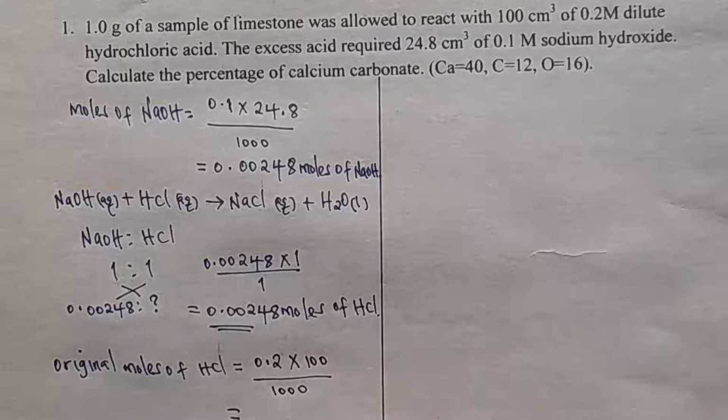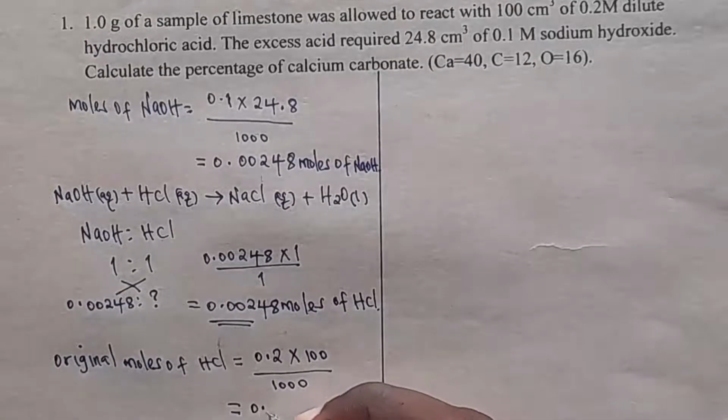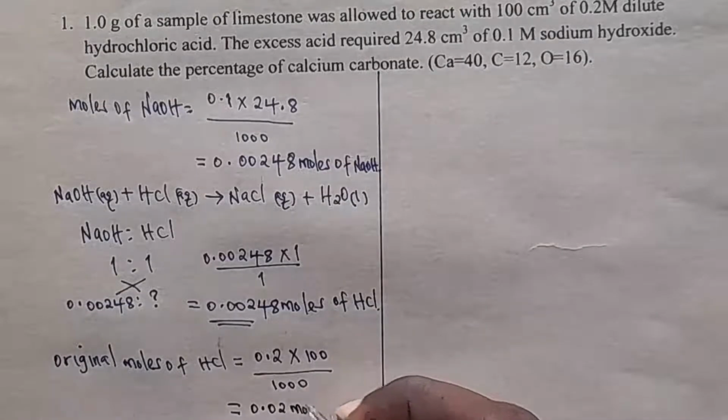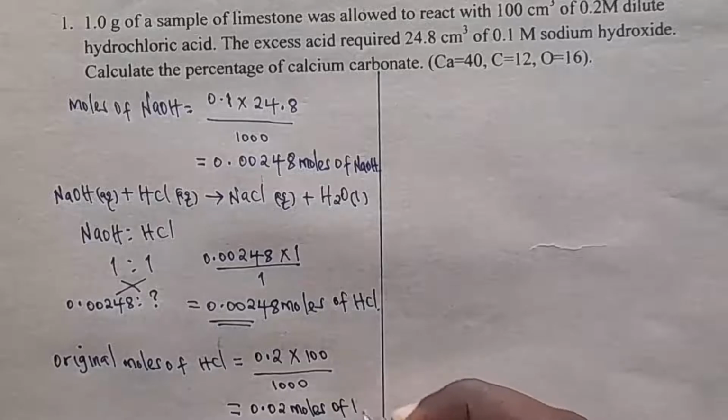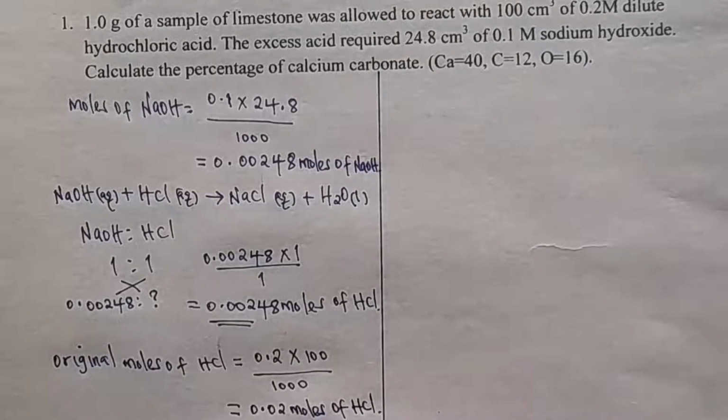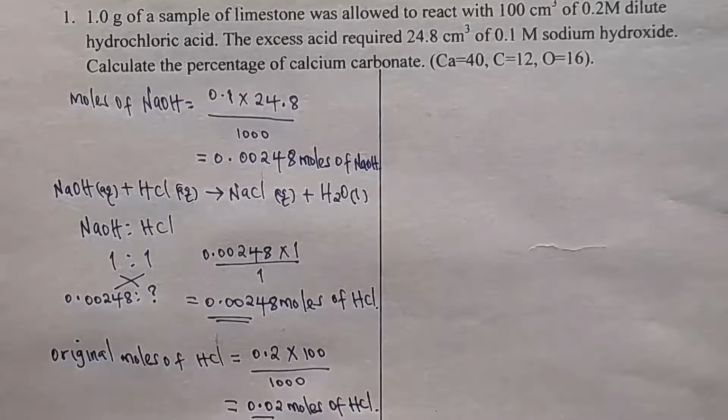So here, we are going to get 0.02 moles of hydrochloric acid. So this is the original moles of the dilute hydrochloric acid.